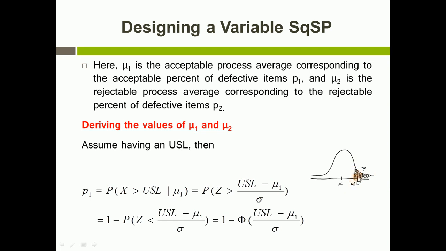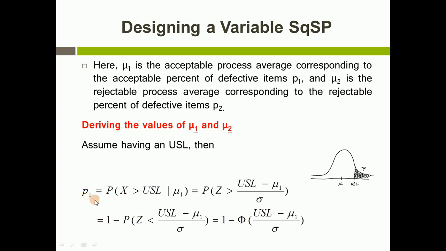This means that the area after the upper specification limit represents the percent of defective items. So whenever the quality characteristic of interest value exceeds the upper specification limit, we define the unit to be defective. So now if I need to derive mu1, then I have to work on P1.